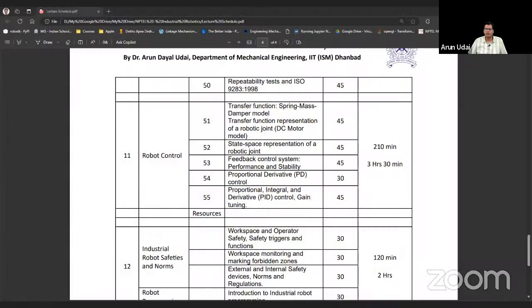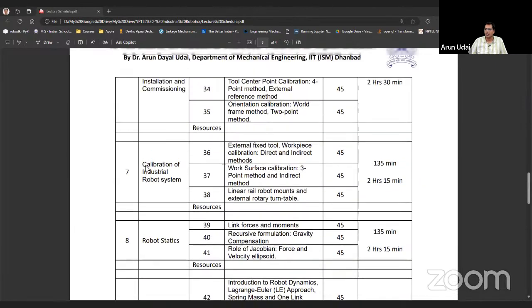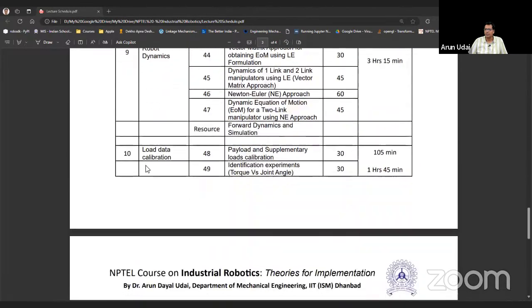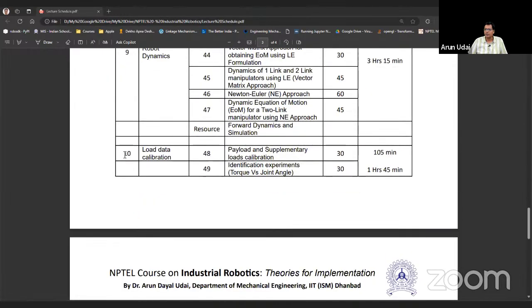Okay, so I'll just share my screen and discuss the syllabus contents. The syllabus covered so far is up till, I think, the notice has come that the 10th week has now started.